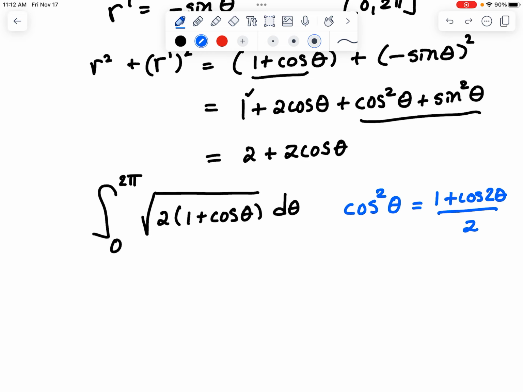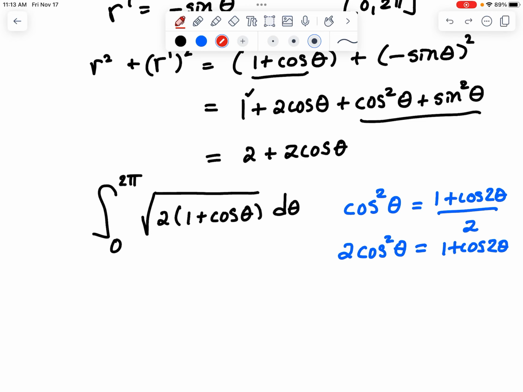So this one has the 1 plus cosine, which is good news. Just multiply both sides by 2. So 2 cosine squared equals 1 plus cosine of 2 theta. And then this is almost exactly what we need for this. The only thing is our identity has 2 theta.